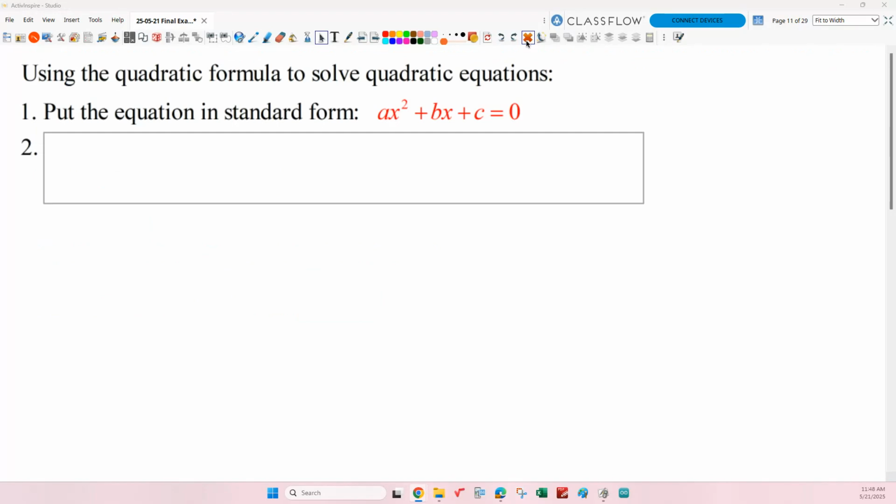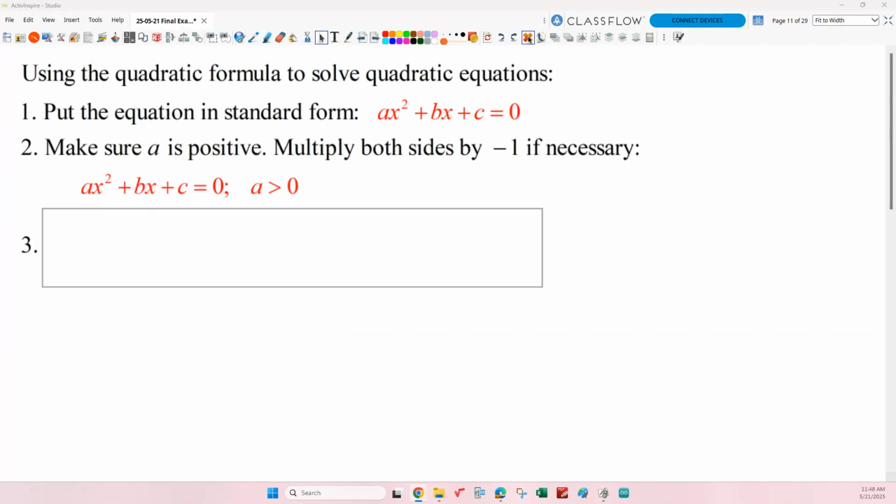We want a to be what? Preferably 1, yes, but what else? Yeah, we want it to be positive, right? Because then there's less negatives that we have to do, because we'd then be dividing by a negative if a is negative.